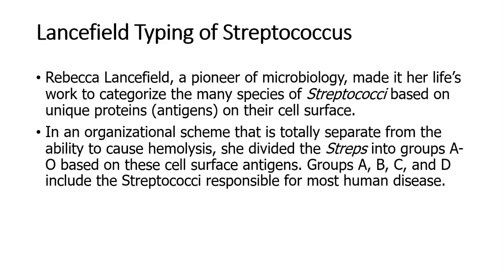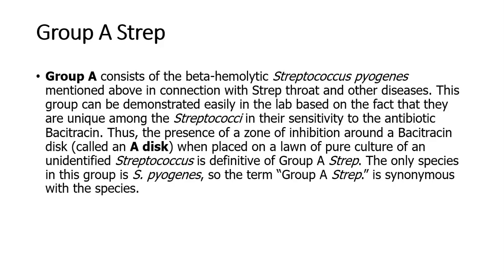GAS, Group A strep. And we know it's beta hemolytic, and we know it's a problem. So this is how we classify them. Group A strep is Streptococcus pyogenes, and this particular group we can easily demonstrate by doing that hemolytic test.